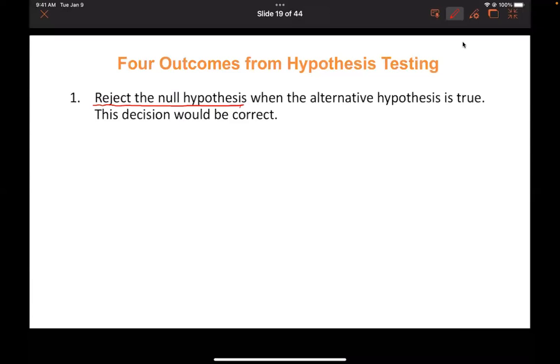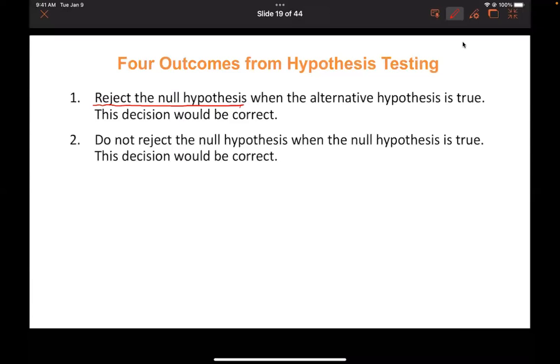Or you can do not reject the null, or fail to reject. If we don't have evidence to show that the alternative hypothesis is true, then we fail to reject. We don't ever accept the null. We would just fail to reject it. It's kind of like we say somebody's not guilty. We don't call them innocent. They're just not guilty. So we're just failing to reject.